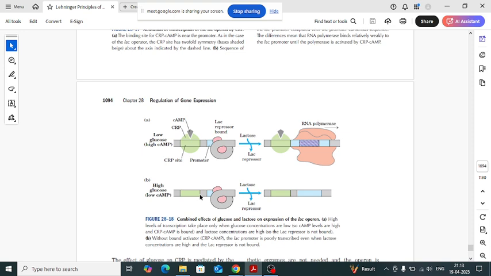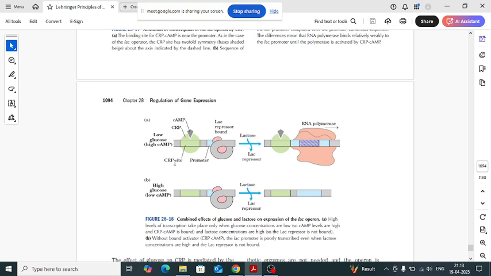Then only the activated G protein will activate adenylyl cyclase, which will produce a high level of cyclic AMP from ATP. So that's why at low glucose level, where the glucagon hormone is secreted, you will get a high level of cyclic AMP.